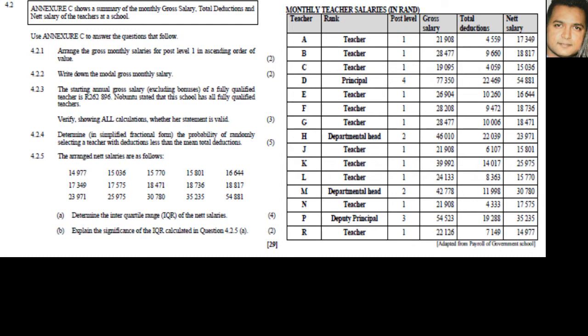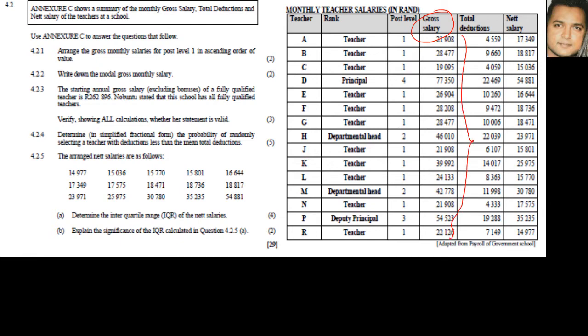4.2.2, write down the modal gross monthly salary. So when we wrote down from highest to lowest, remember we were looking at the gross salary column, but now they want us to write the modal, but in this instance we need to take all the amounts into consideration.